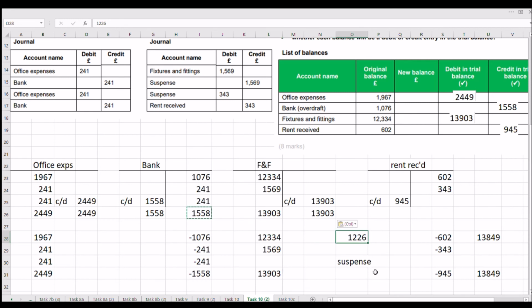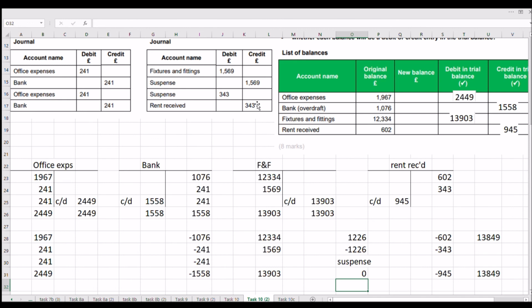So I'm going to leave the suspense account in here at 1226 at the start, and then when I post those two, which is minus 1226 in here, I've got a suspense account of 0. And then I do the last one, which is the rent received. I start off with rent received. It's more money available to shareholders to go out, so it's a credit figure there.